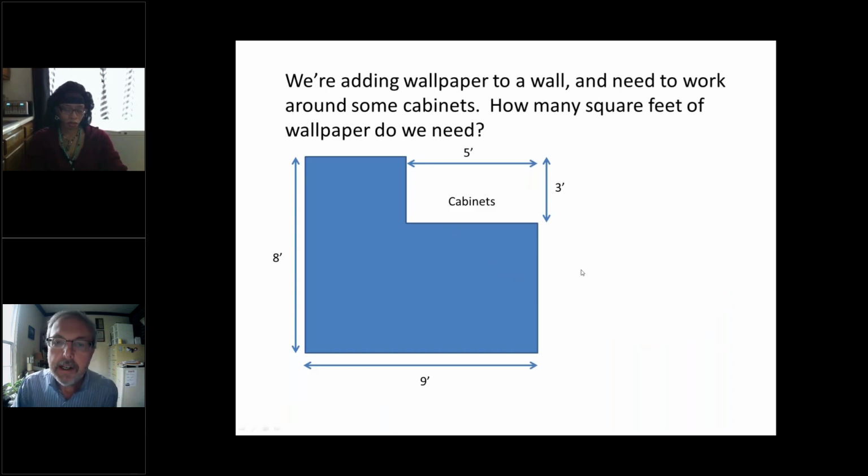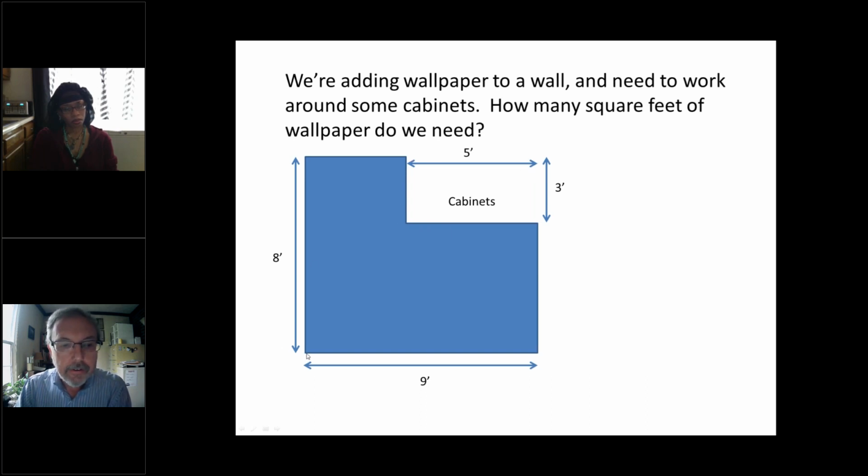And this might be a problem where you would want to know area. So in this case, let's say we're putting up wallpaper in a kitchen. And this blue area is where we want to put the wallpaper, but we have some cabinets that are hanging up into here. So we don't need wallpaper to cover that part of the wall.